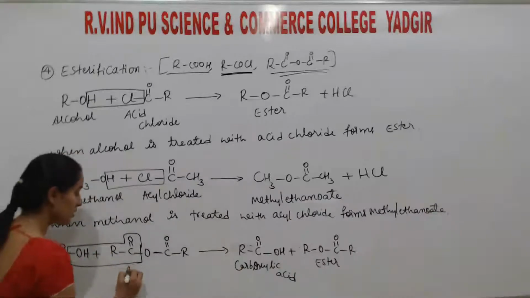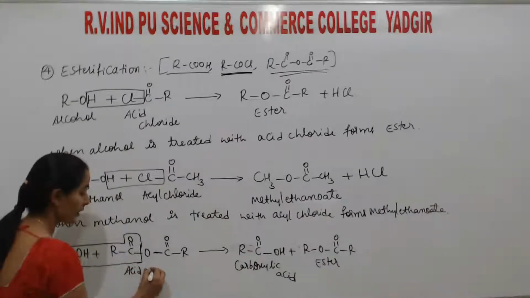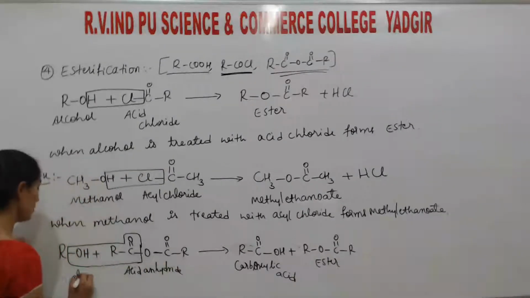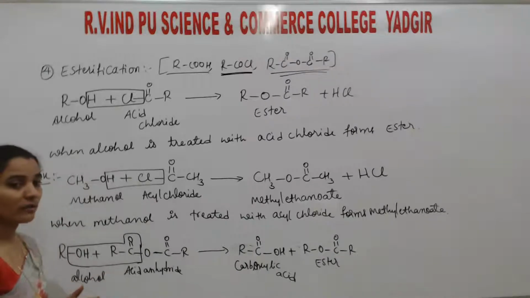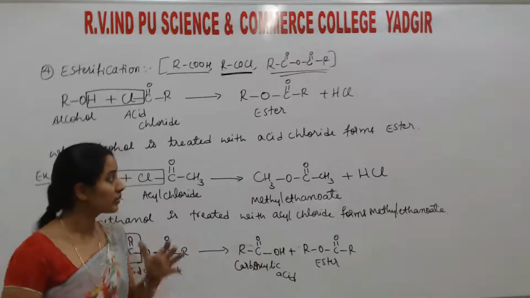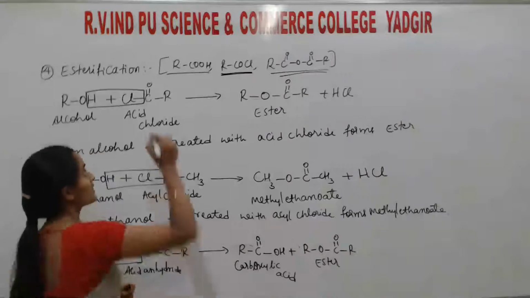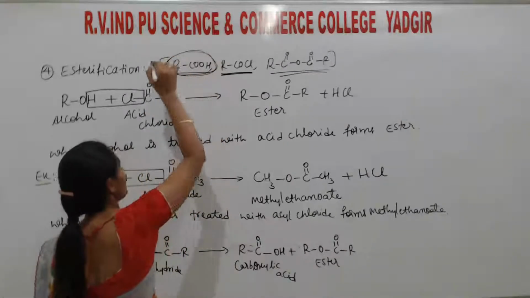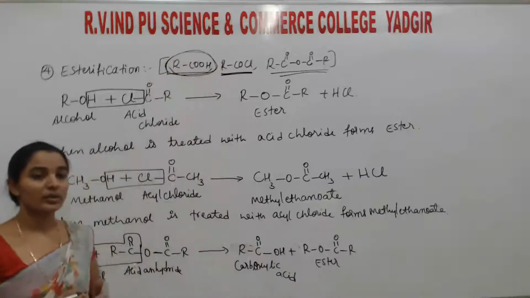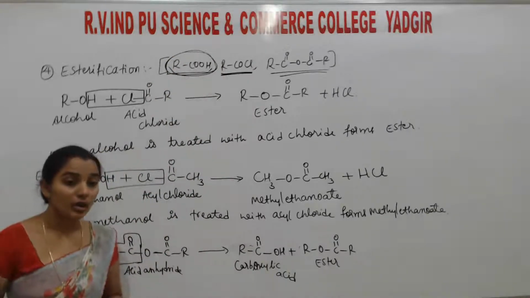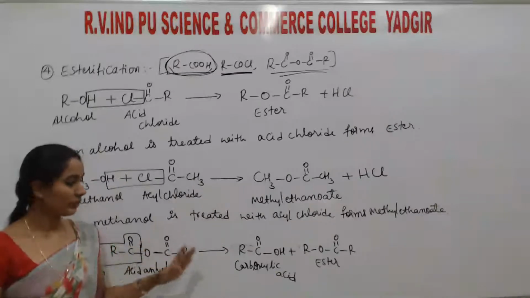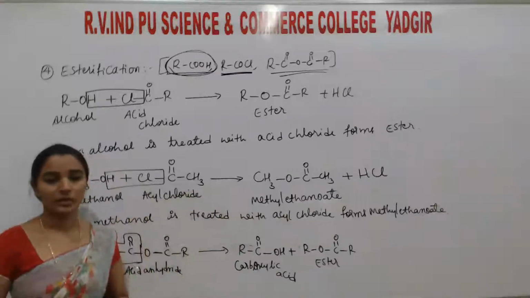Esterification reaction. This is acid anhydride. Of course, this one is alcohol. Okay, so students, the best esterification reaction is by using carboxylic acid. So how can you confirm it?